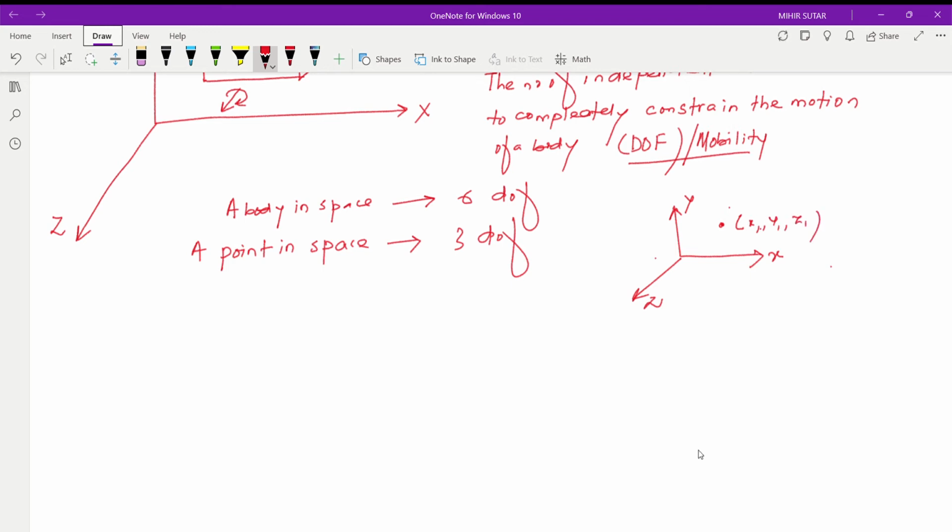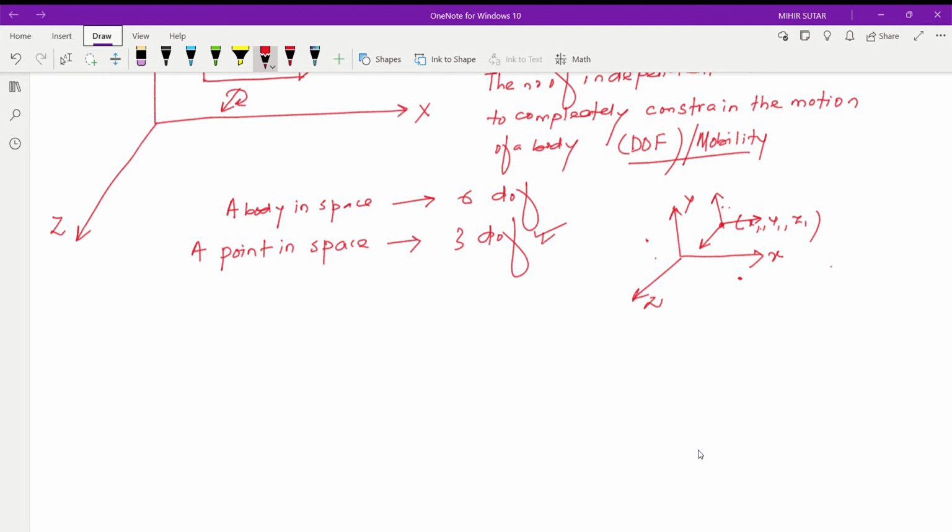Rotation of a point is not practically meaningful, so we can only move the point from one coordinate to another one. That's why 3 translational motions are possible. It can move from x1 towards x2, and also towards y2, then towards z2. So its degrees of freedom is 3.